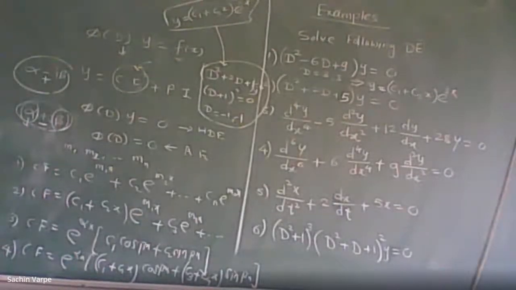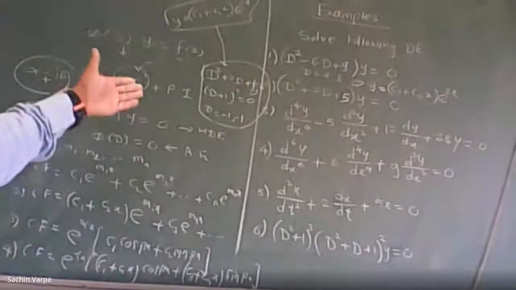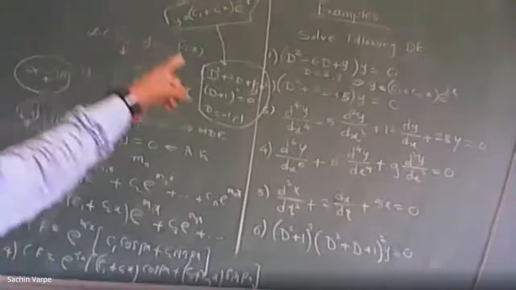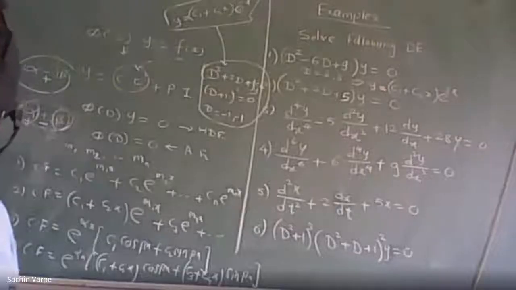Satyam, please unmute your mic. Yes, sir. Have you given the solution of the first or second question? First. So if you see the order of the differential equation, what is the order? D square, second degree, quadratic equation.